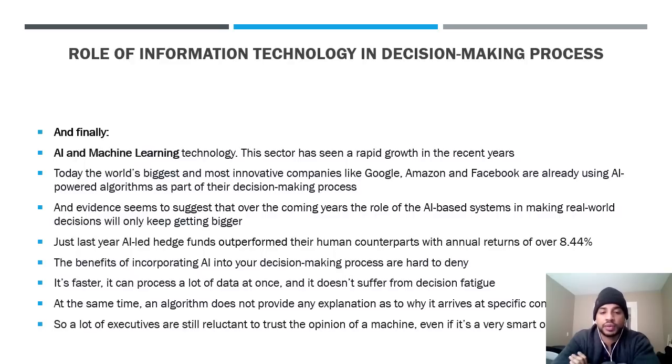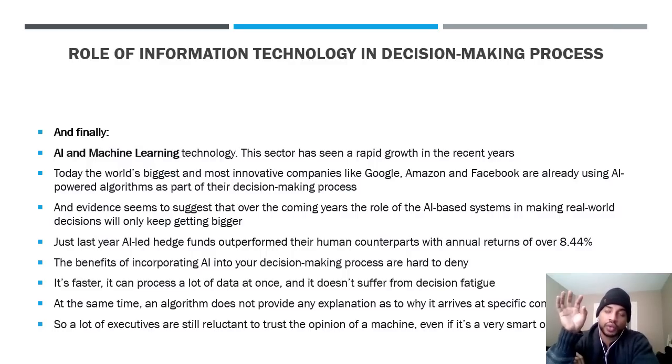So, for example, just last year, an AI-led hedge fund outperformed their human counterparts with annual returns of over 8.44%. Now, a hedge fund is a company that takes investors' money and invests it for them. Okay? Last year, there was a company that ran solely based off artificial intelligence.